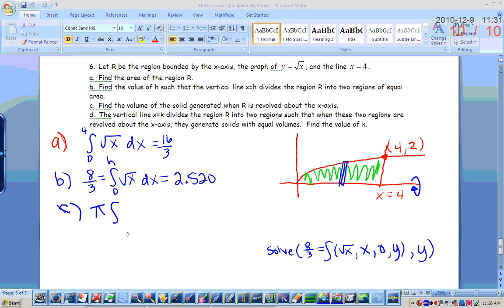Okay, so how am I going to set up the integral? It's going to be pi, what to what? 0 to 4, root x squared. Yeah. Pi integral big R squared. And you get 8 pi.